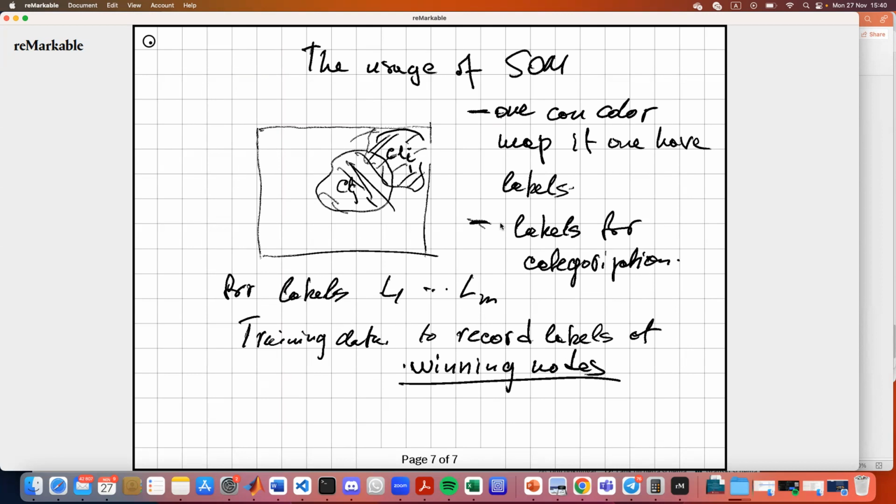So you have a neuron, and here you have, for example, label 1. So you say, okay, this one is most likely label 1.